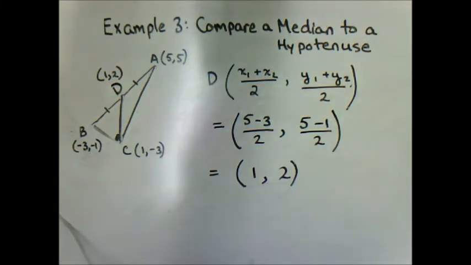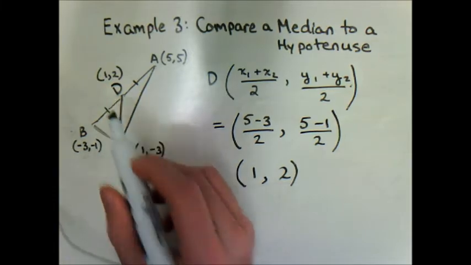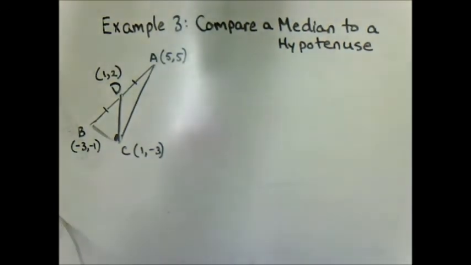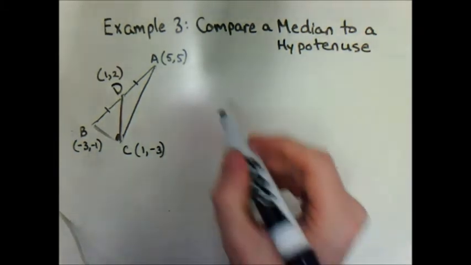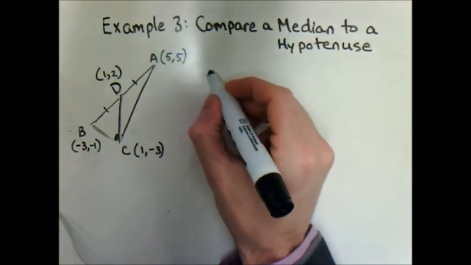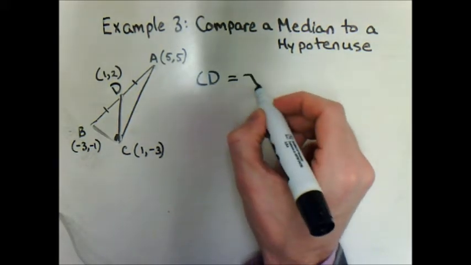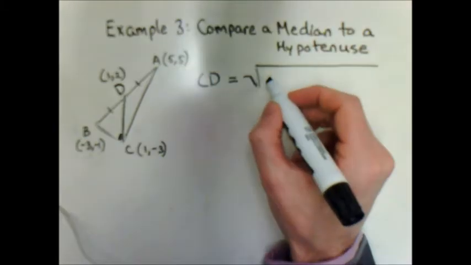Now the endpoints of the median are C and D. So we can go ahead and use our formula for the length of a line segment in order to find the length of the median, CD. It equals, here's our length formula, right?